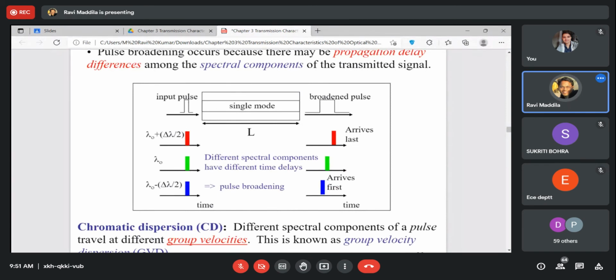Going ahead, pulse broadening basically is because of propagation delay differences among spectral components. This is what is chromatic dispersion. So you can see here we have the same input pulse, but this input pulse has different spectral components or wavelength components.